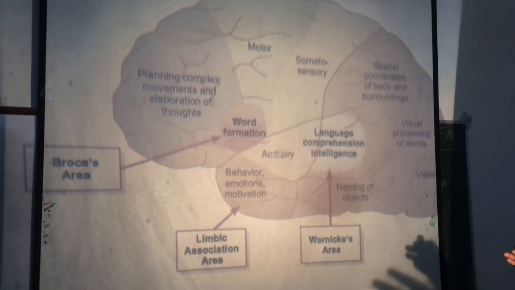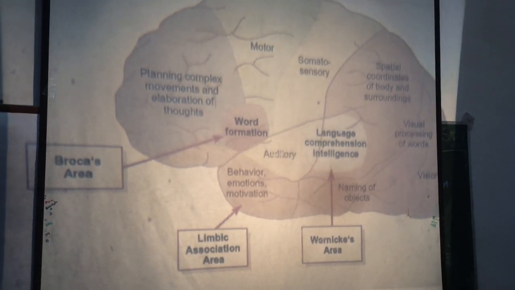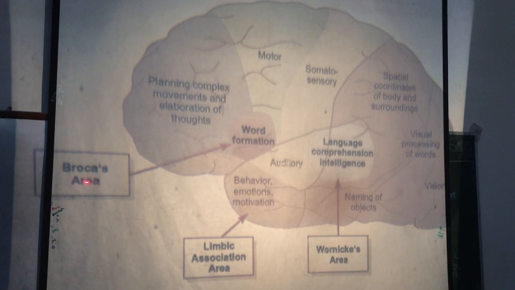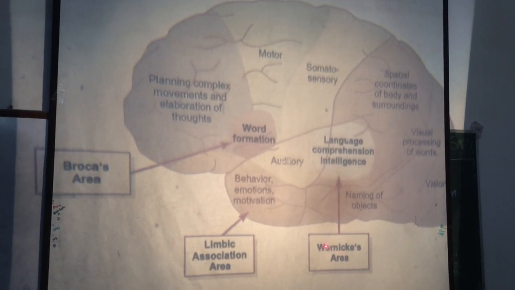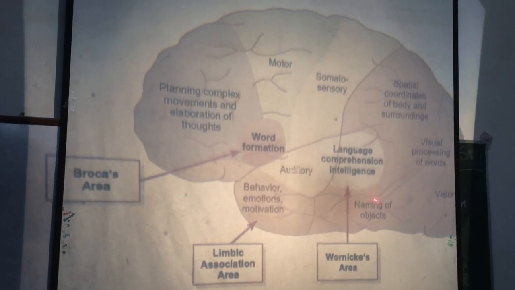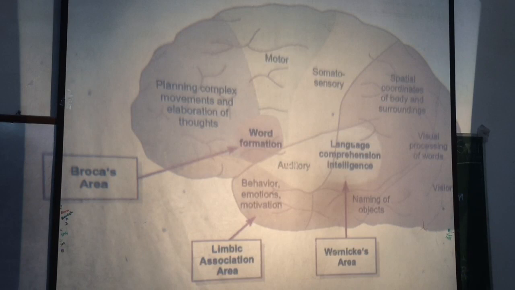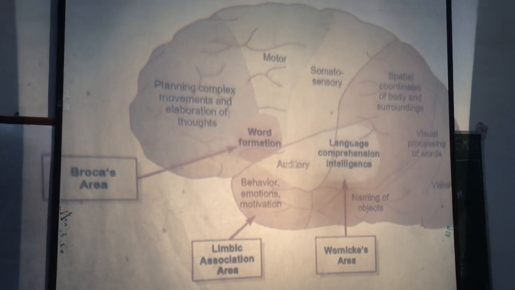So these are the speech areas involved in the control of the speech mechanism: the motor speech area, Broca's area; the sensory speech area, Wernicke's area; the area for the naming of objects; and the angular gyrus.